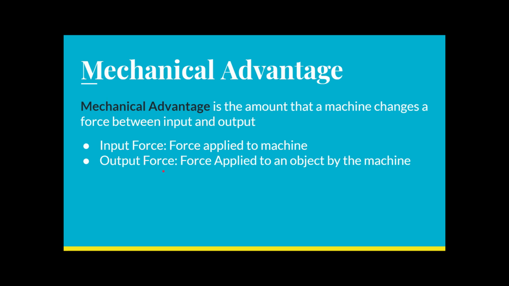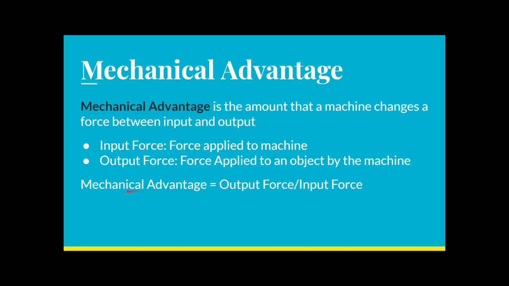So let's take a look at how we calculate mechanical advantage. So that is the output force, so the force being put out by the machine, divided by the input force. This is a ratio between what the machine is doing and what you are doing. So if you put in 1 newton of force and the machine puts out 2 newtons of force, well, this fraction becomes a whole number, becomes 2.